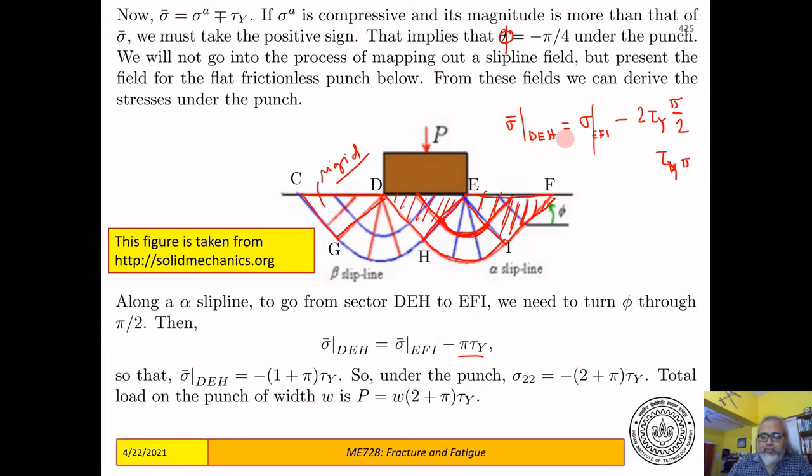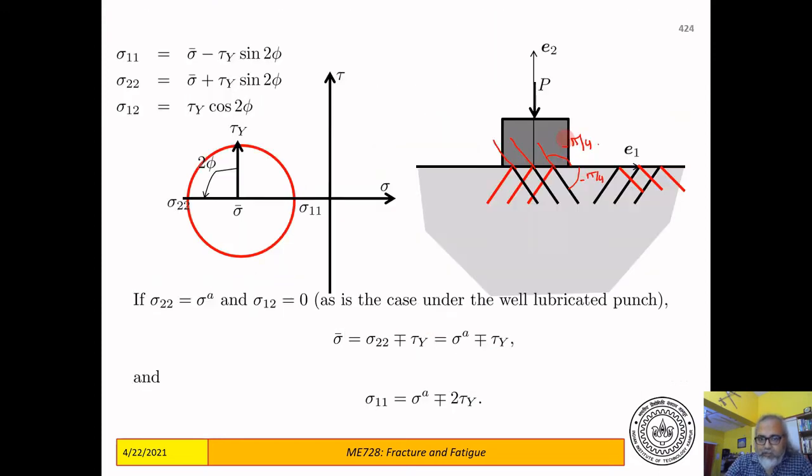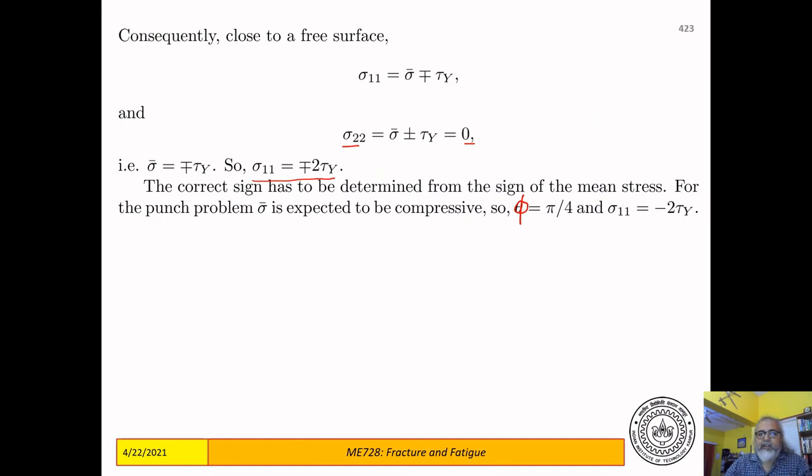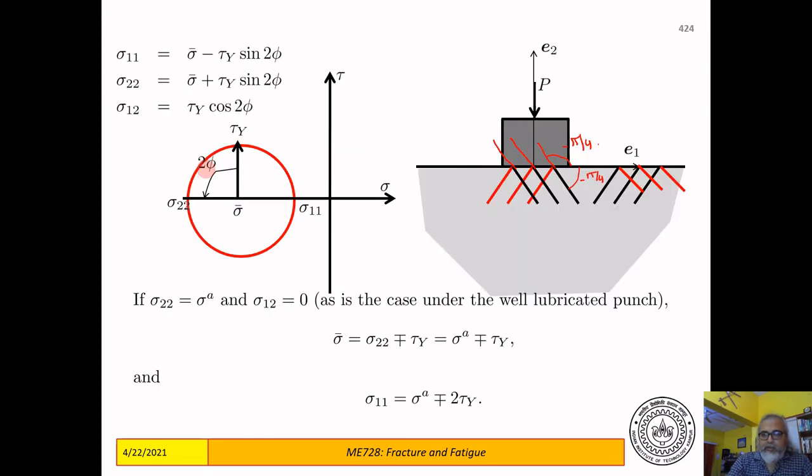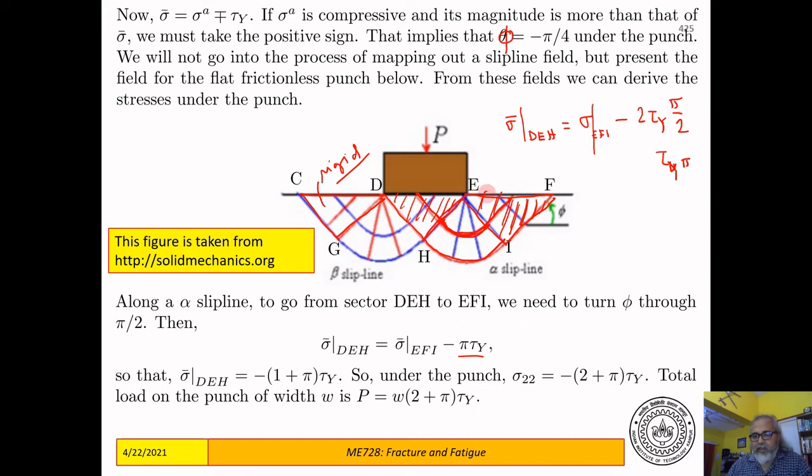I have already found that sigma bar is equal to tau y plus tau y in EFI.